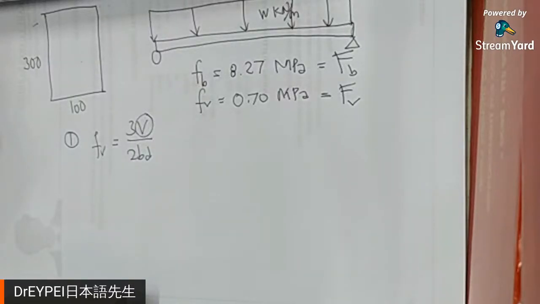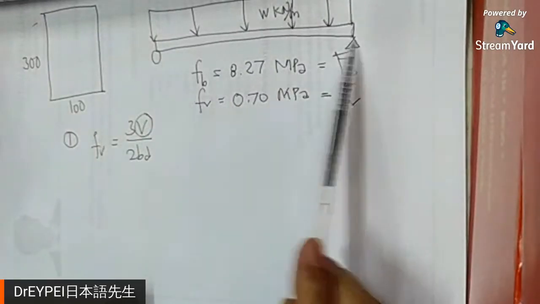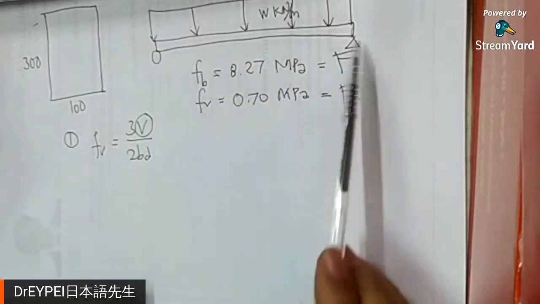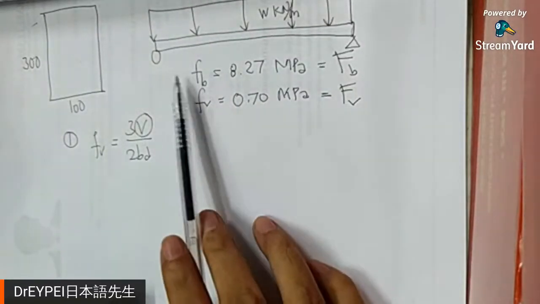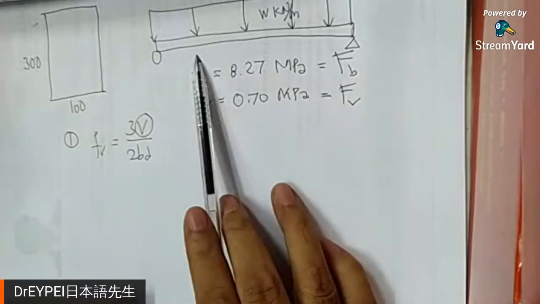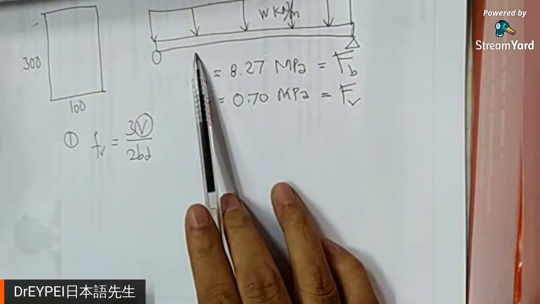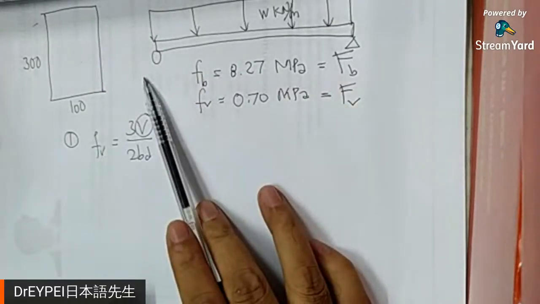Okay? Saan nangyayari ang maximum vertical shear? Review nyo. Pagka simple support, nasaan ang maximum shear? Pagka fixed support, saan ang maximum shear? Pagka cantilever, saan ang maximum shear? So, yan ang mga tanong. Okay.